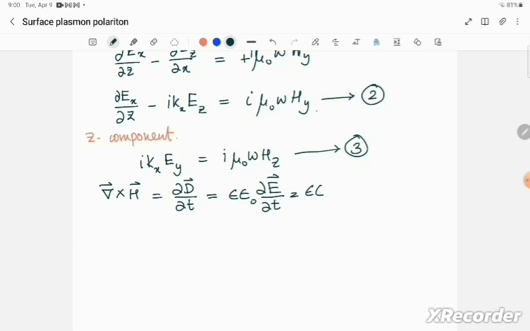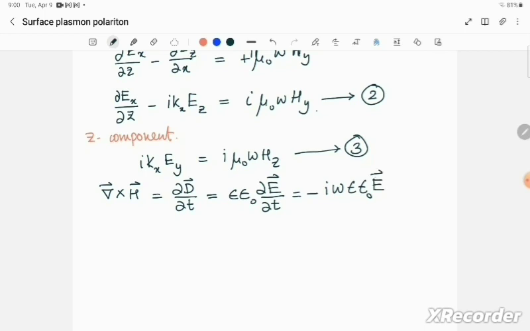We know that the partial derivative with respect to time will give you an i omega, rather minus i omega e. Let me just write it in a proper fashion, sorry. So this will be minus i omega epsilon naught e.